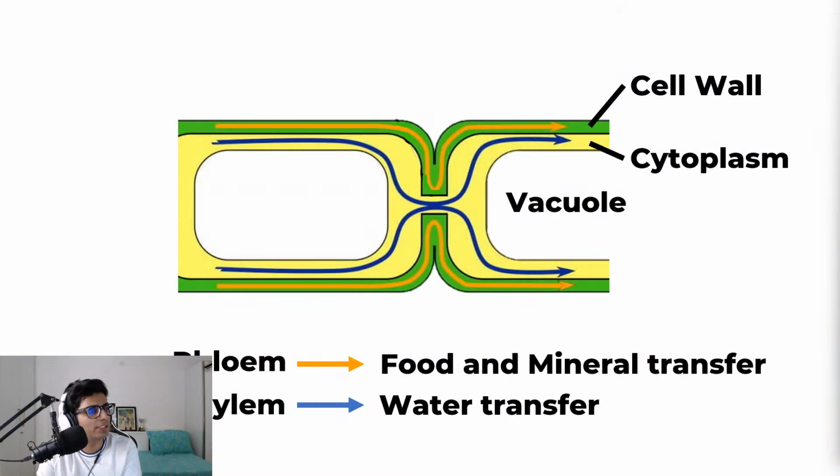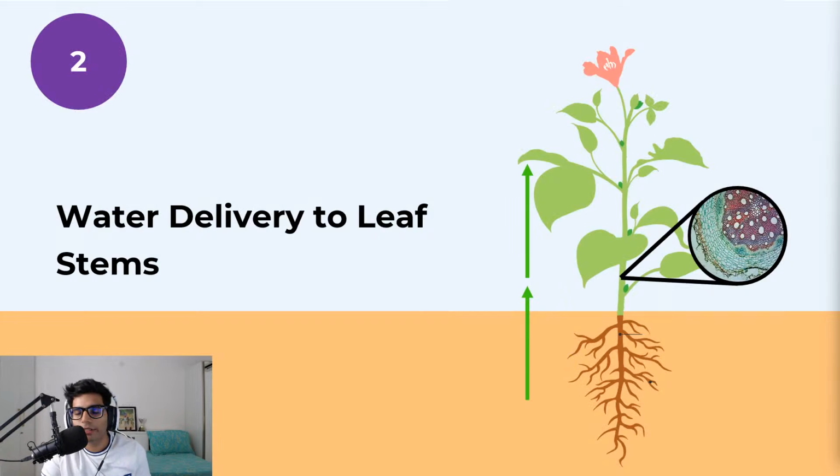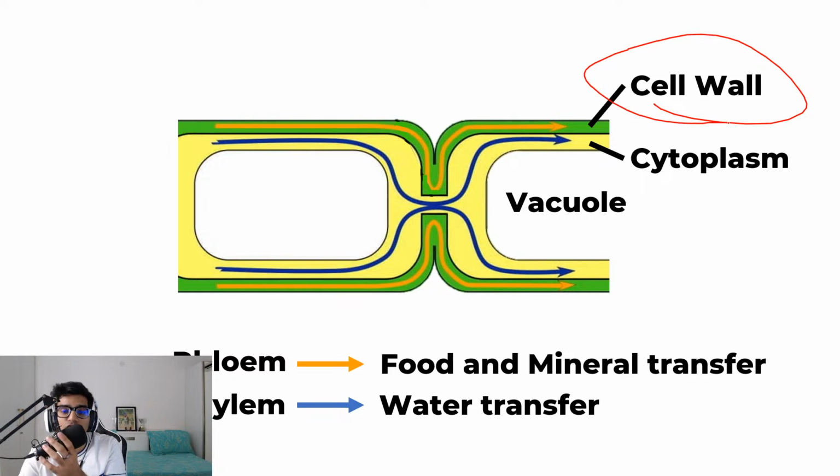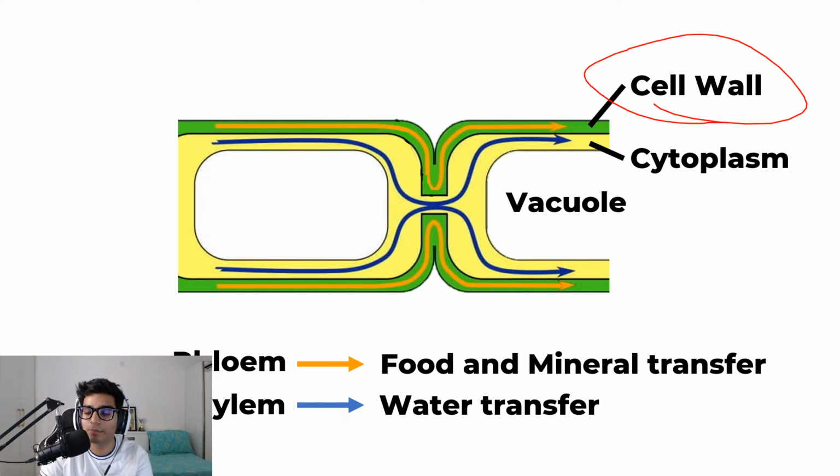By stem or vessels. So if you want to go inside a stem, this is what the inside of a stem looks like. You can see that there is a cell wall, just like the guard cells of the stomata. We studied guard cells just now, in which I also showed you a nucleus.